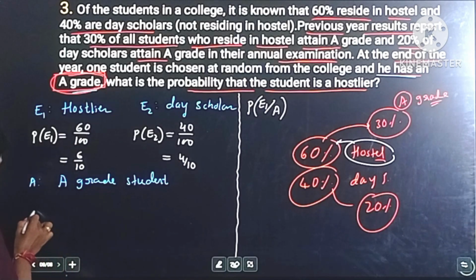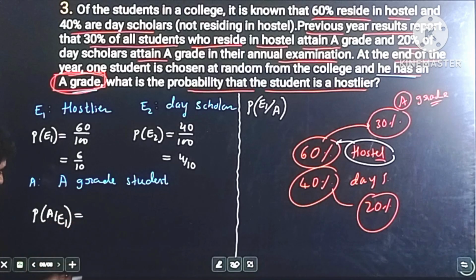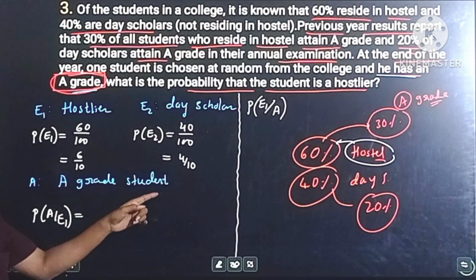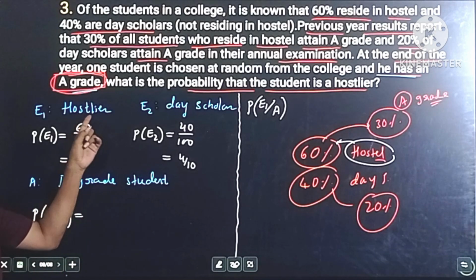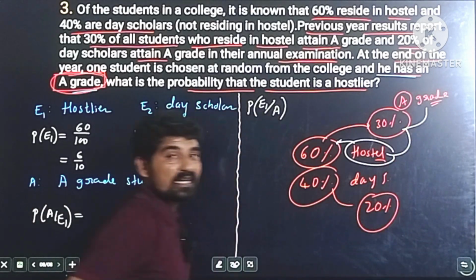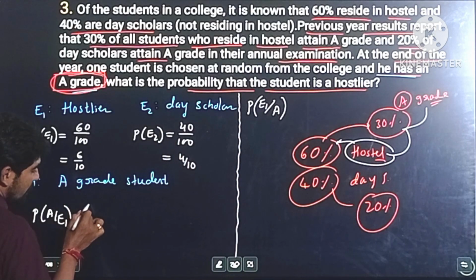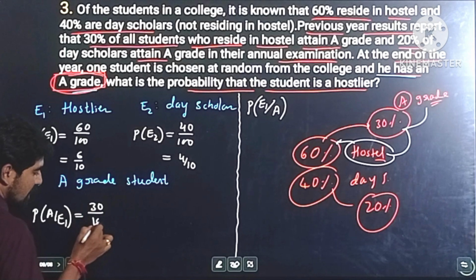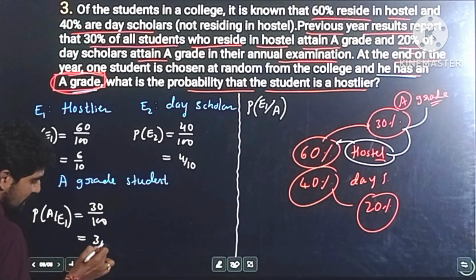Now we need the value of probability of A given E1, the probability of an A grade student selected from hostel. In hostel 30% of the students attain A grade. Therefore probability of A given E1 is 30 divided by 100, which equals 3 by 10.